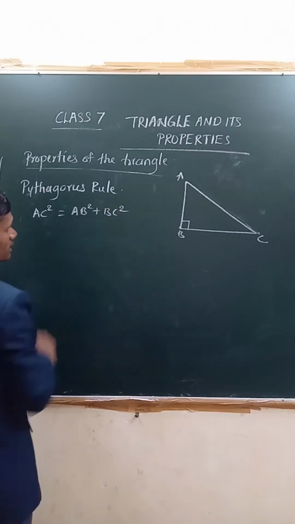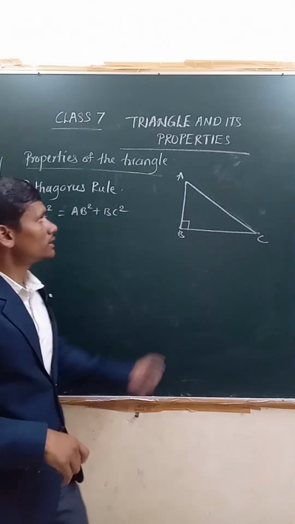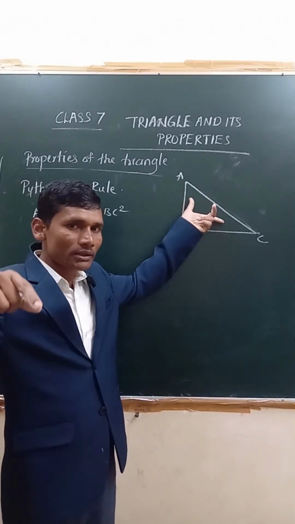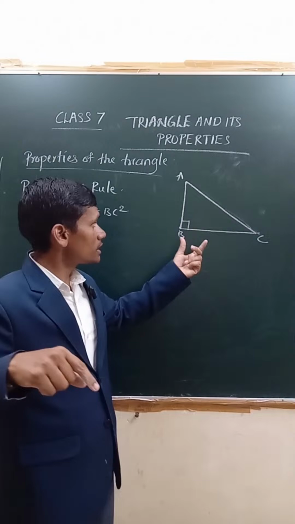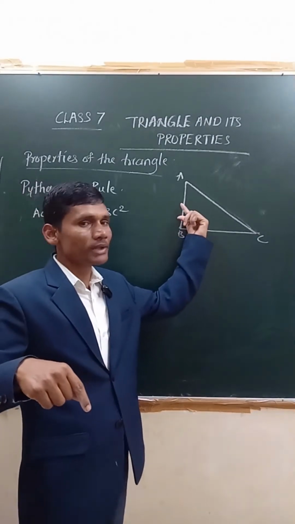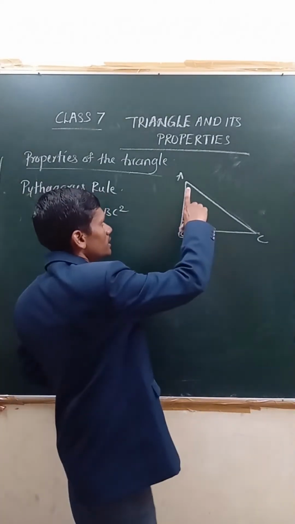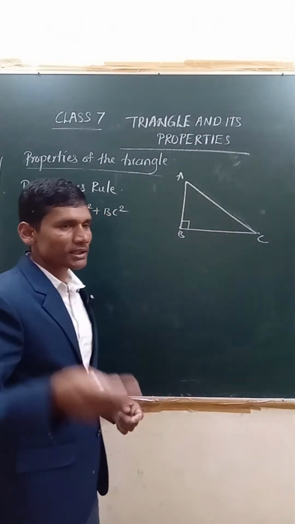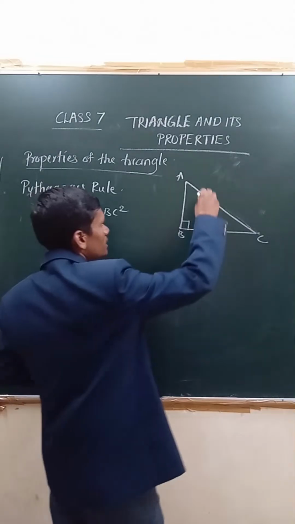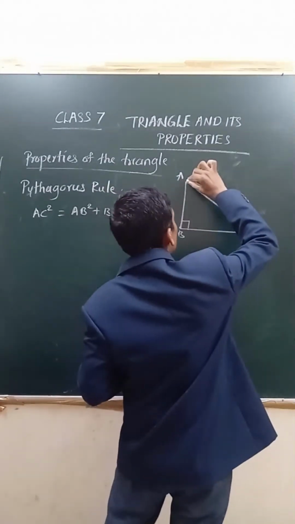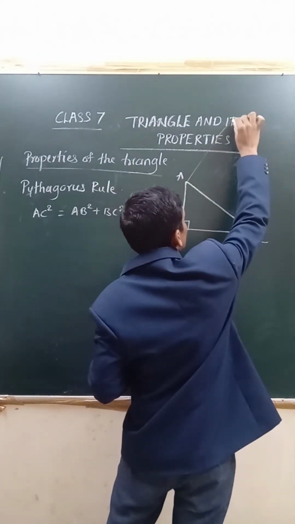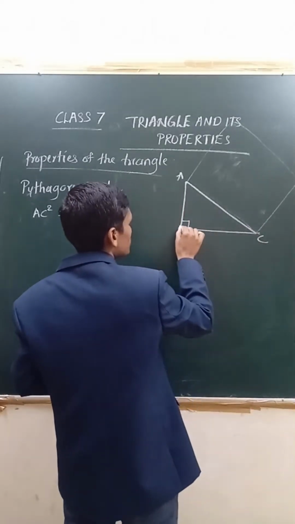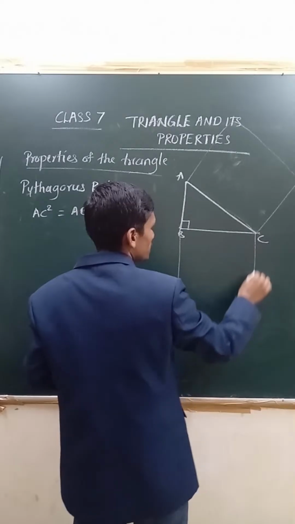What is the meaning? The meaning is that the square on the diagonal of a right angle triangle is equal to the sum of squares on the other two sides, that is, here AB square and BC square. If you take it like this, you can also understand. Here on this diagonal, if you draw one square, it will be equal to the sum of these two squares.